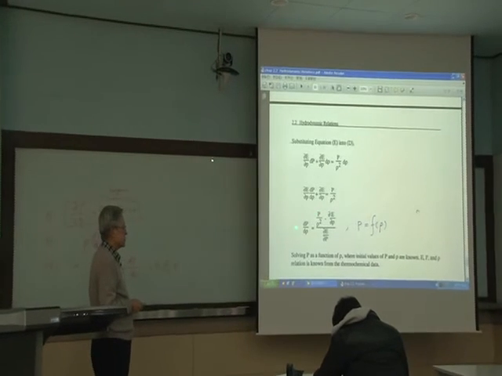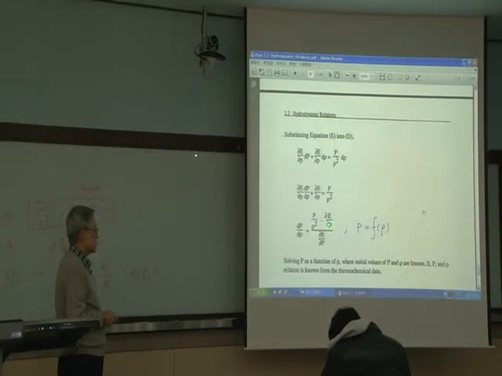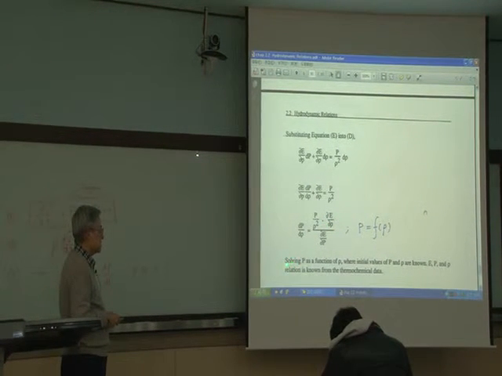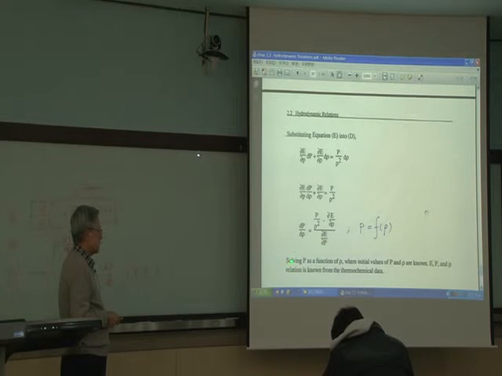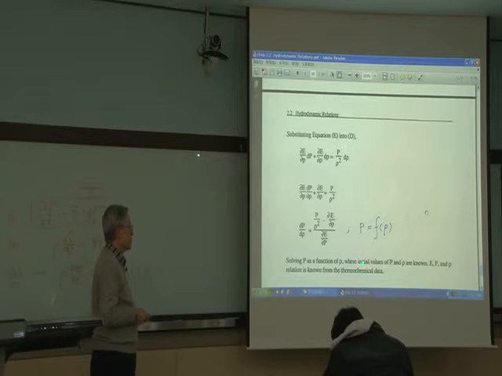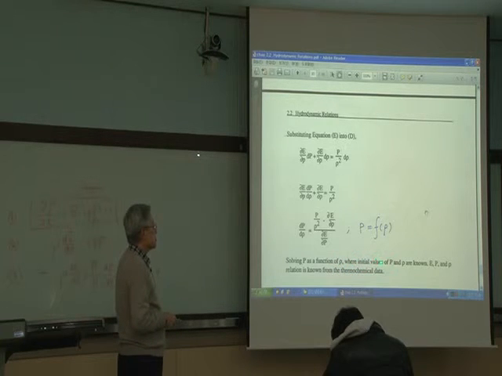So this is an implicit relation, but I can easily claim that I can solve P as a function of rho, where the initial values of P and rho are known, and E, P, rho, three parameters, the relation, if the relation is known from the thermochemical data, then it's doable.